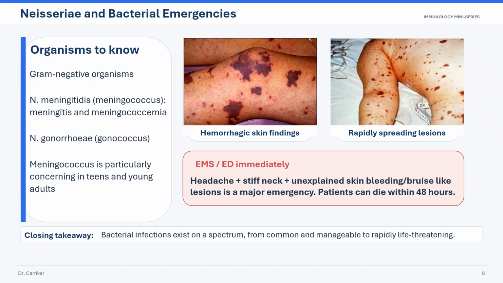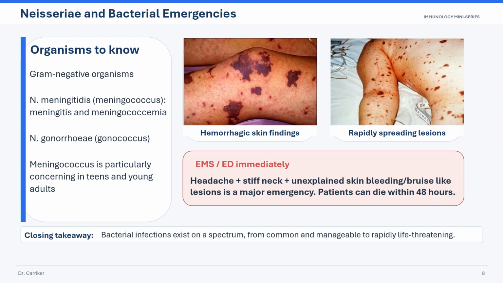So if you see a patient who was sick yesterday and now has a fever plus these lesions, do not delay. Activate EMS, get them to the emergency department because this disease can kill within 24 to 48 hours. This is the kind of timeline that we need to be aware of so that when we see something, it's not a go home, wait and see, but rather let's get you into the ER as soon as possible.